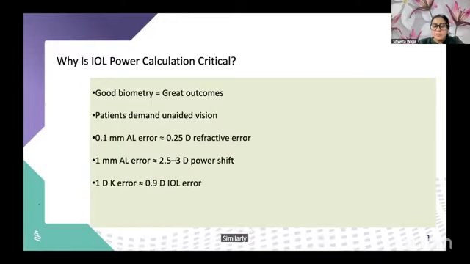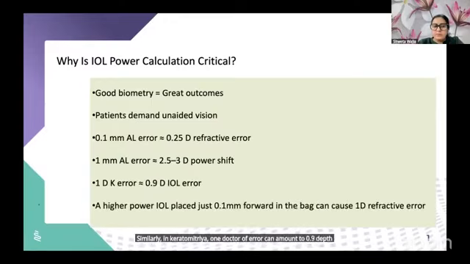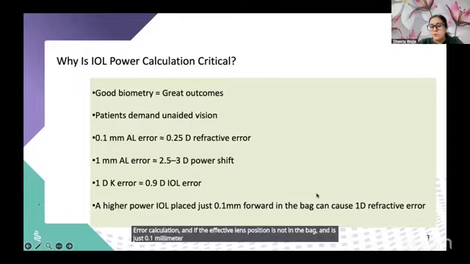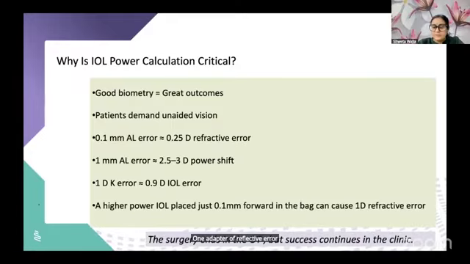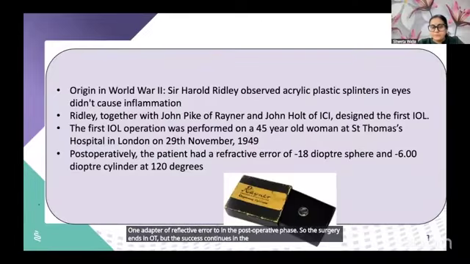Similarly, in keratometry, 1 diopter of error can amount to 0.9 diopter of IOL calculation error. And if the effective lens position is not in the bag and is just 0.1 millimeter forward, it will lead to 1 diopter of refractive error in the post-operative phase. So the surgery ends in the OT, but the success continues in the clinic.